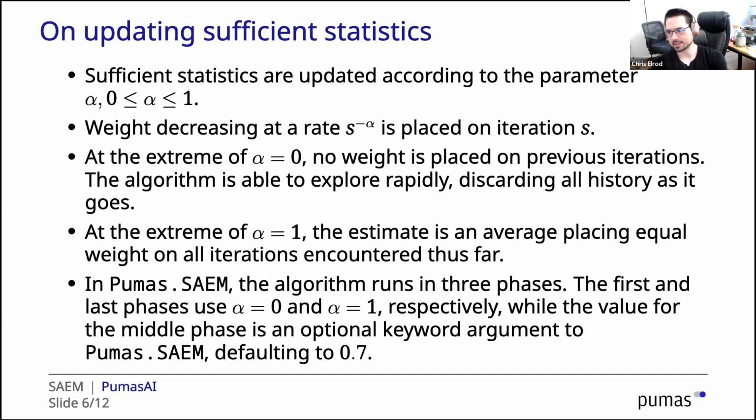What that means is, as we update our old parameter estimates, we decrease the weight of each new iteration by a certain amount. If we take alpha equals 1, then the rate at which we decrease the value of our new iterations leads us to essentially place even weight on all iterations.